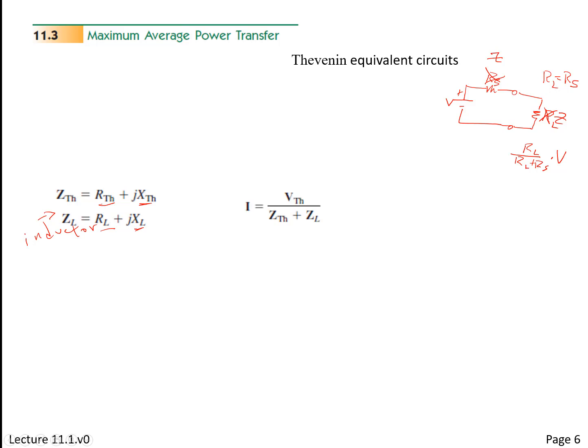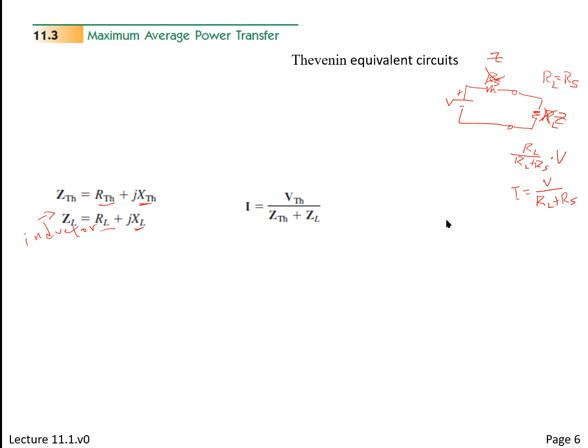And the current is just V Thevenin, same formula I just did, right? If I took my little formula over here that I wrote, we could find the current is equal to the voltage divided by the total resistance of the source.